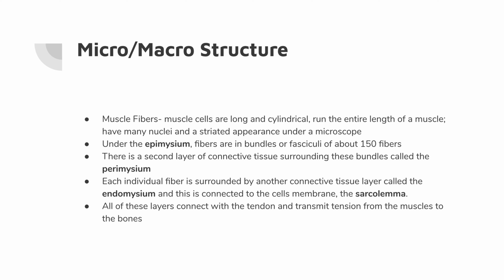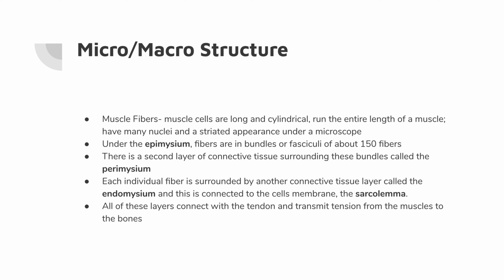And there's typically about 150 fibers, depending on the muscle and the size of the muscle. You can have about 150 fibers per bundle. And there's a second layer of connective tissue that actually covers each of those bundles, called the perimysium. So we started with epimysium, then we have bundles covered in perimysium. Perimysium is, again, another connective tissue layer, just to notate that.